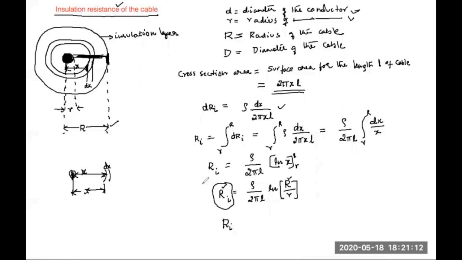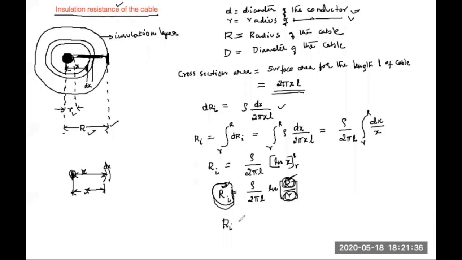This formula speaks about that resistance. And what is this R? This is nothing but radius. See here, this R and this R. Notations are important here. Here also R is there, there also R is there. So that is not resistance. Here it is the radius of the cable. This small r is the radius of the conductor. Ri is the resistance of the insulator.